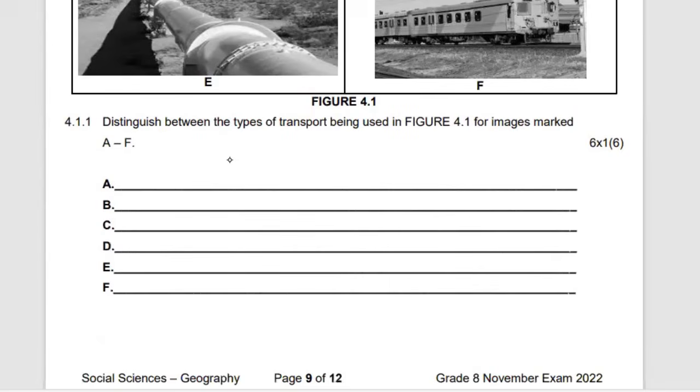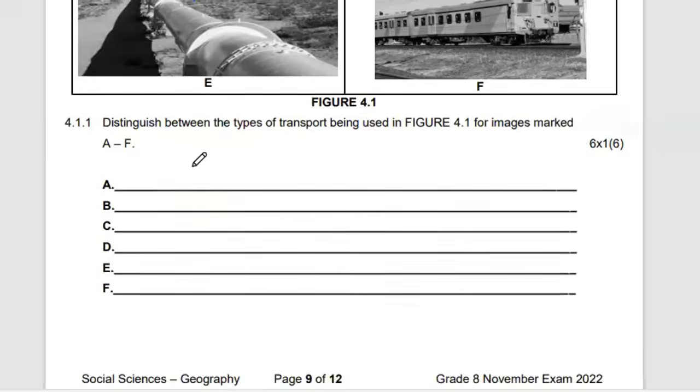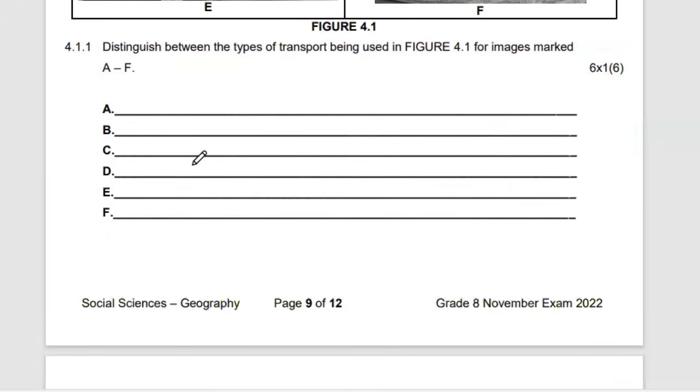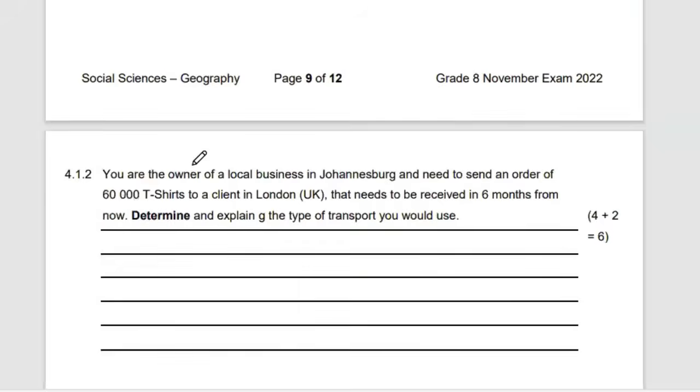So it's pipeline transport. Then our last one, F, you can see that that is a train. So a train is a typical example of rail transport. So those are our transports according to the images from A to F.